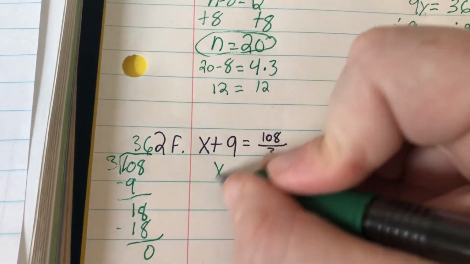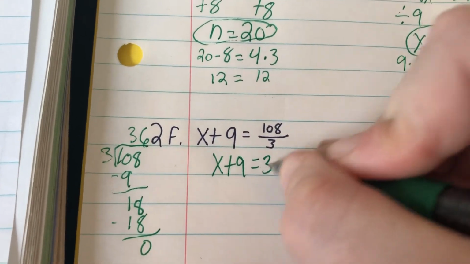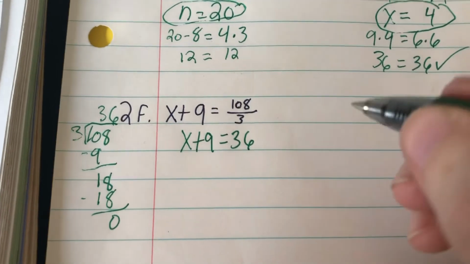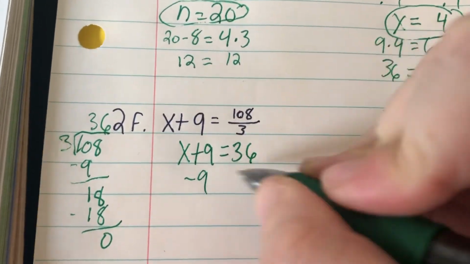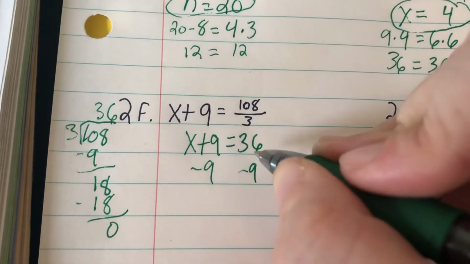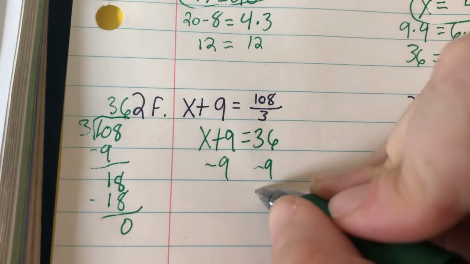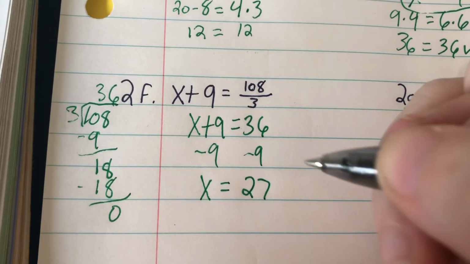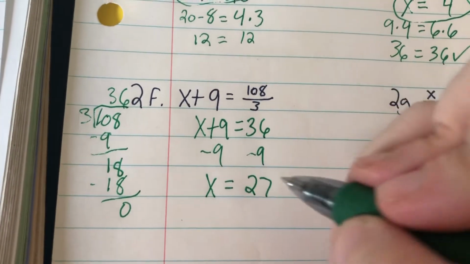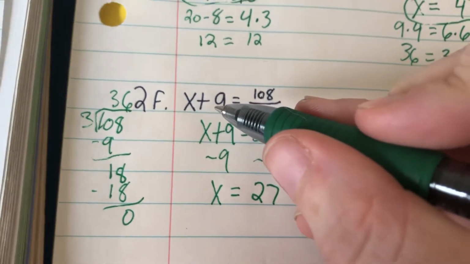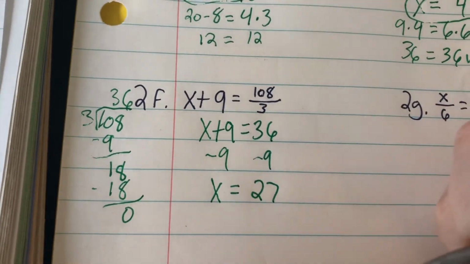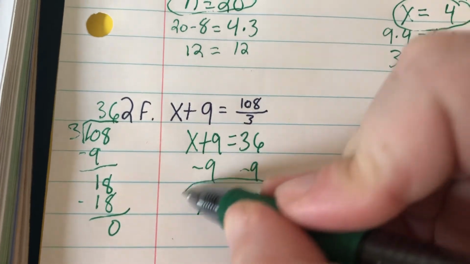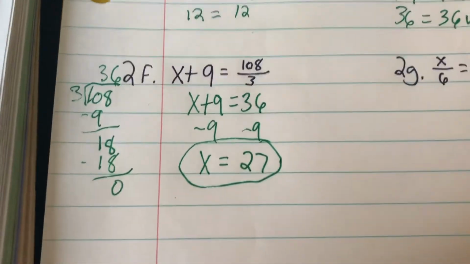So x plus 9 equals 36. Then I have to subtract 9 from each side. So minus 9, minus 9. 36 minus 9 is 27. So x equals 27. To check, does 27 plus 9 equal 108 divided by 3? Both sides equal 36, so yes, x equals 27.